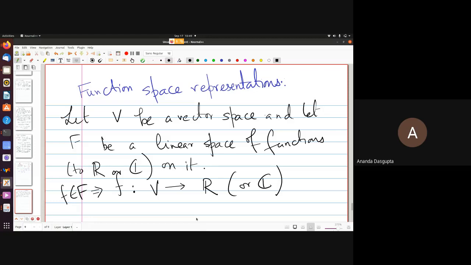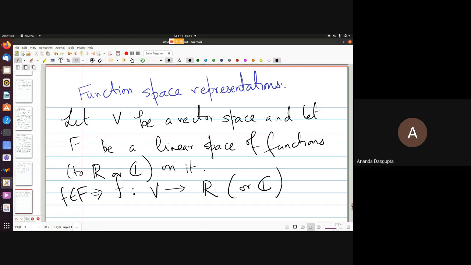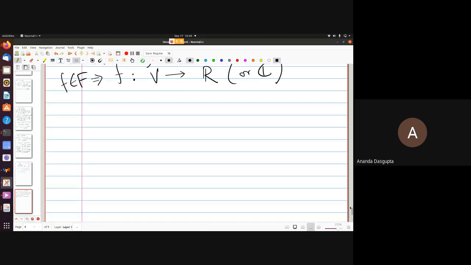Now, what does this linear space of functions mean? What is the linear adjective doing here? This is any function from V to R, right? It doesn't have to be a linear function. So when I say linear space of functions, what do I mean? By the way, what is the space of linear functions from V to R called? Everybody knows that, right?